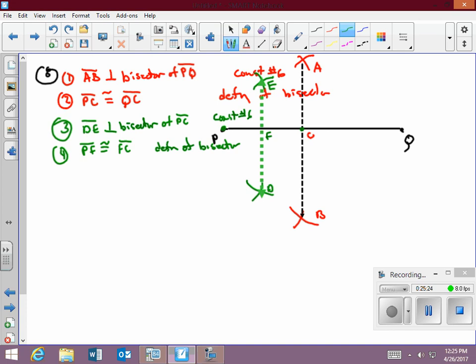Now, we're going to do the same thing with CD. So we'll put our compass, our sharp point here and here, strike an arc longer than halfway. Make that.